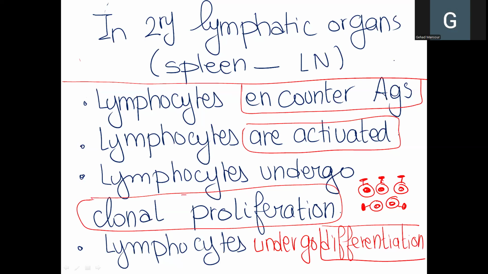And when they proliferate, they give a clone of cells, a group of cells that all have the same surface receptors or the same surface molecules. Because they are exact copies of each other, they form what we call a clone, and this is what we call clonal proliferation.